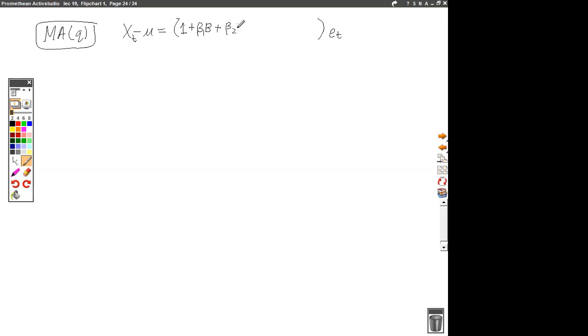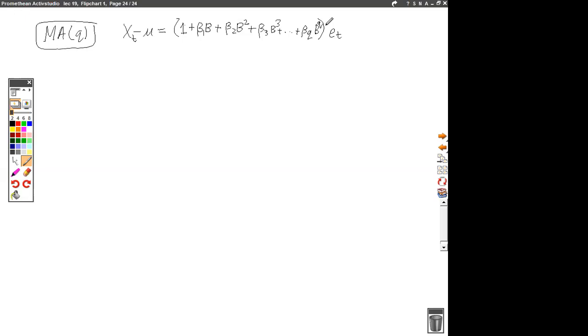So this is beta 1, this is beta 2, and I will have B square up until beta Q and B raised to Q there.